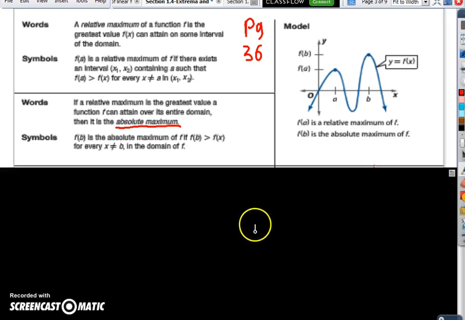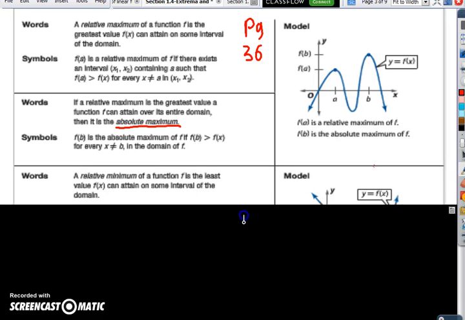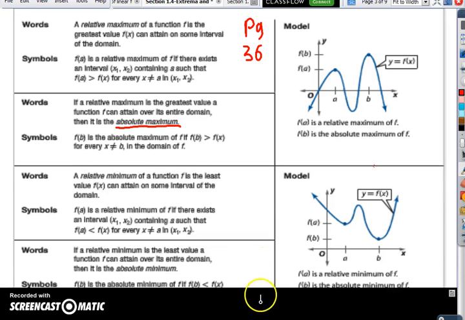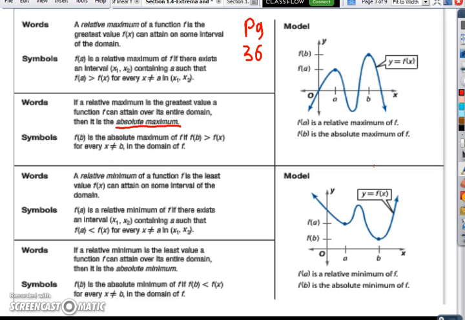Now, as I alluded to earlier, we have relative maxes. We also have relative minimums and absolute minimums. You could be a relative minimum, like this point A here. See how it's lower than all the other points around it? That's a relative minimum. It's a little interval there. However, the absolute minimum is f of b, because that's the lowest point on the entire function.